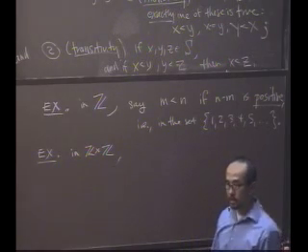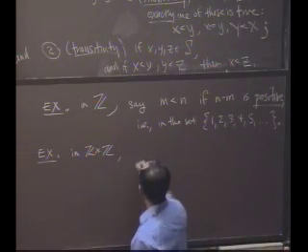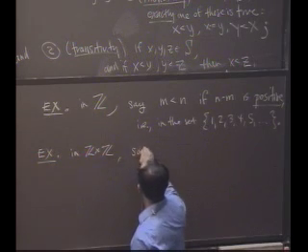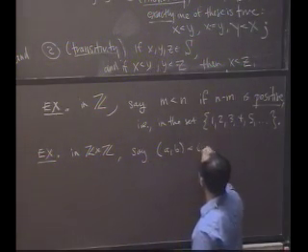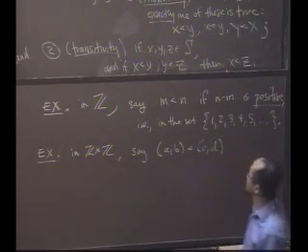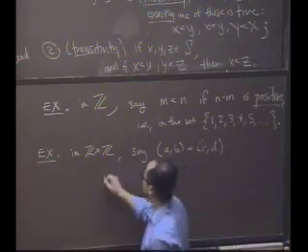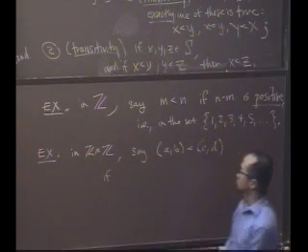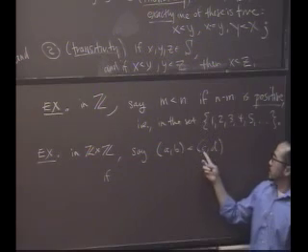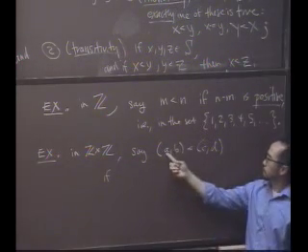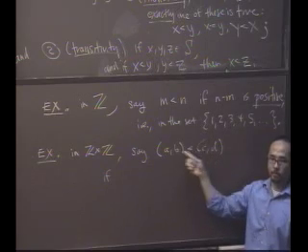In Z cross Z, these are ordered pairs of integers. We can declare (A, B) to be less than (C, D) if something is true. Well, the dictionary order says, first you check the first element, and then you check the second.